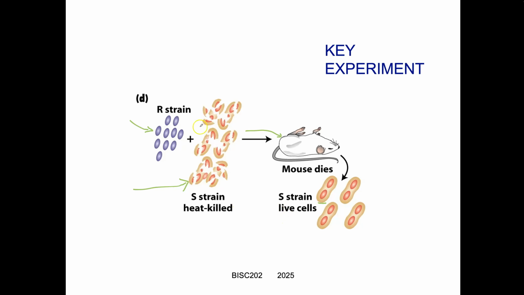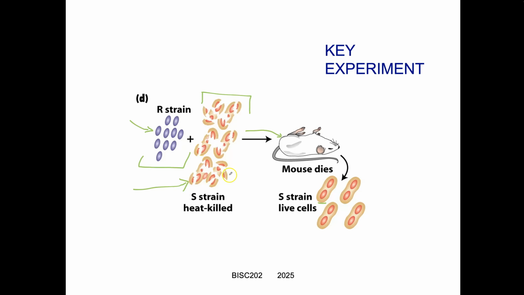Of course they would repeat this to make sure that they hadn't just missed killing all the cells. And so with the appropriate controls, it became apparent that somehow when you provide non-virulent cells, something in this mixture changed the R strain into the S strain and made it virulent and made it kill the mice. And so that was the first key experiment.